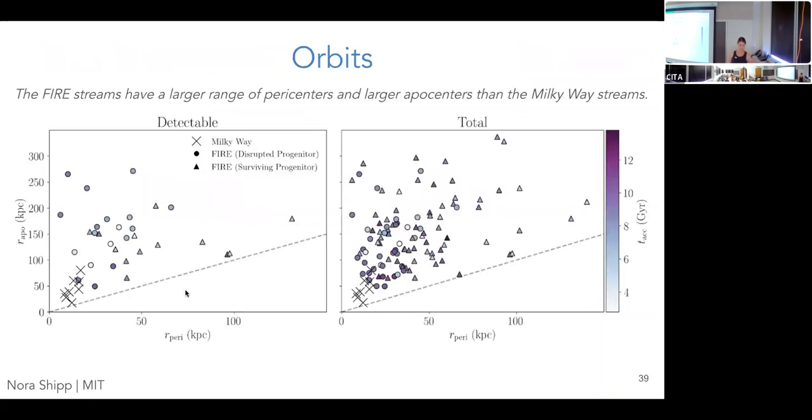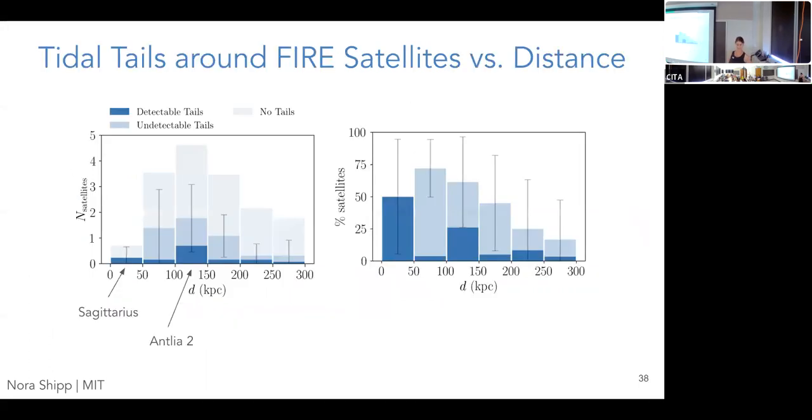Okay, so this number and stellar mass function of streams is very consistent, looks great. There's no too-big-to-fail problem in stellar streams, but there is one really important discrepancy in the orbits of these systems.